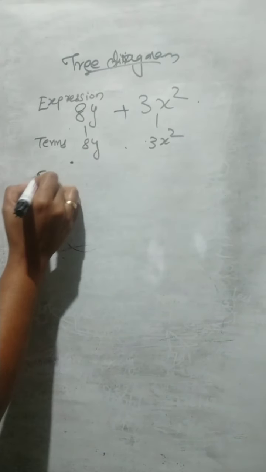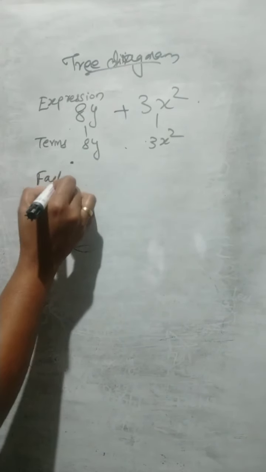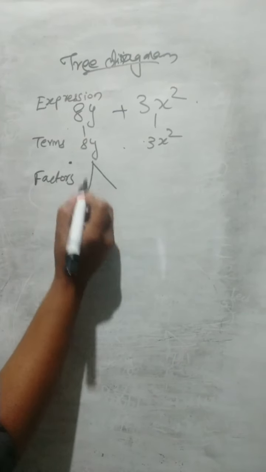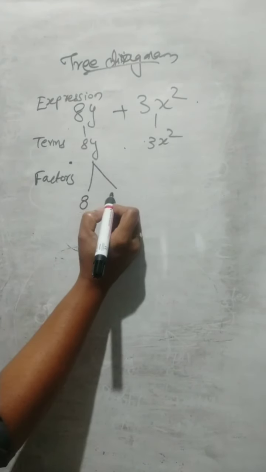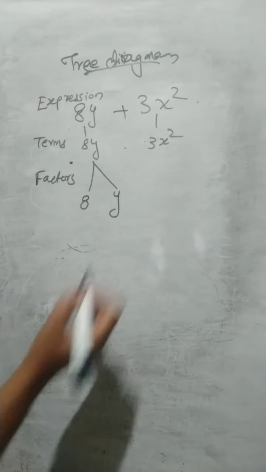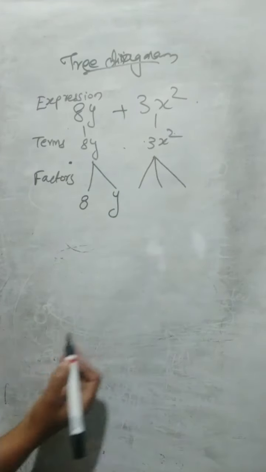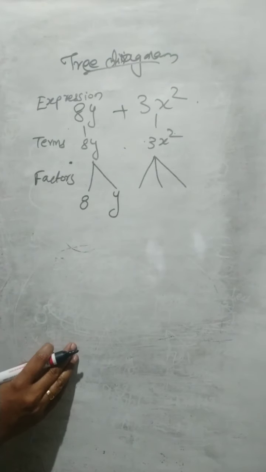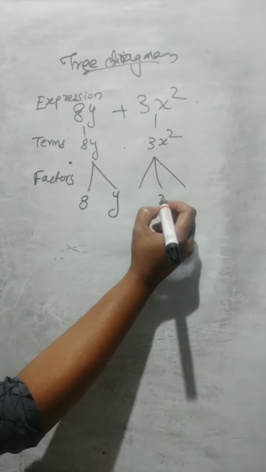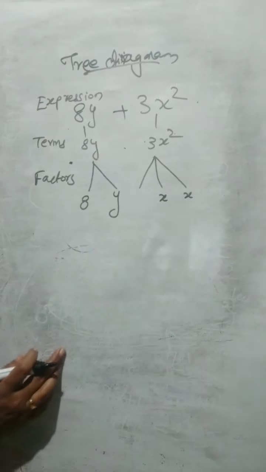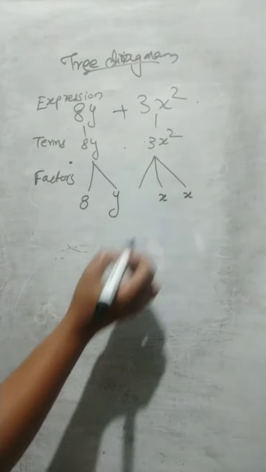Here the factors. We can write the factors of 8y. That is 8 times y is equal to 8y. So 8 and y are the factors. For x square, what is the meaning of x square? It means x and x. X multiplied by x is x square.